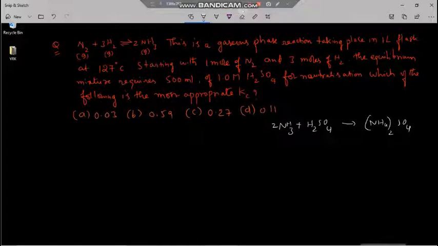They have already given the volume of sulfuric acid and its molarity, so the number of moles of H2SO4 is molarity into volume by 1000. Molarity is 1 into volume 500 ml divided by 1000, that is 0.5 or 1 by 2.